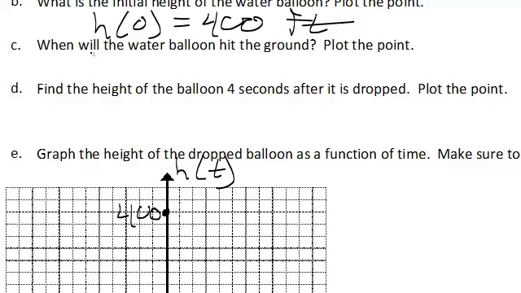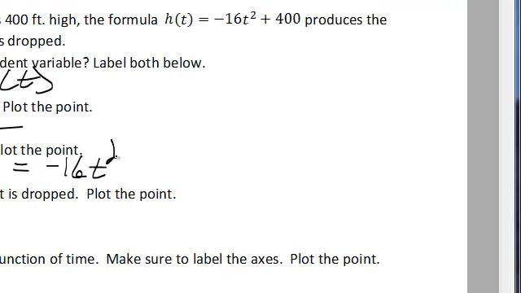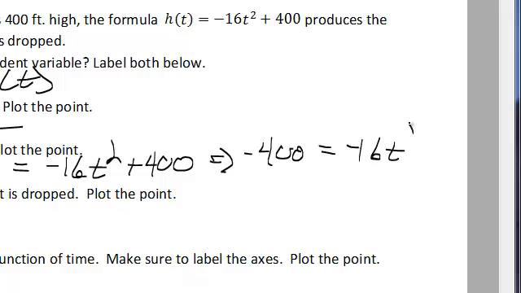When will the water balloon hit the ground? So when will h of t equal 0? That implies I'm going to set this equal to 0 and solve for t. How do I solve this function for t? Well, I need to subtract 400. So negative 400 equals negative 16t squared.